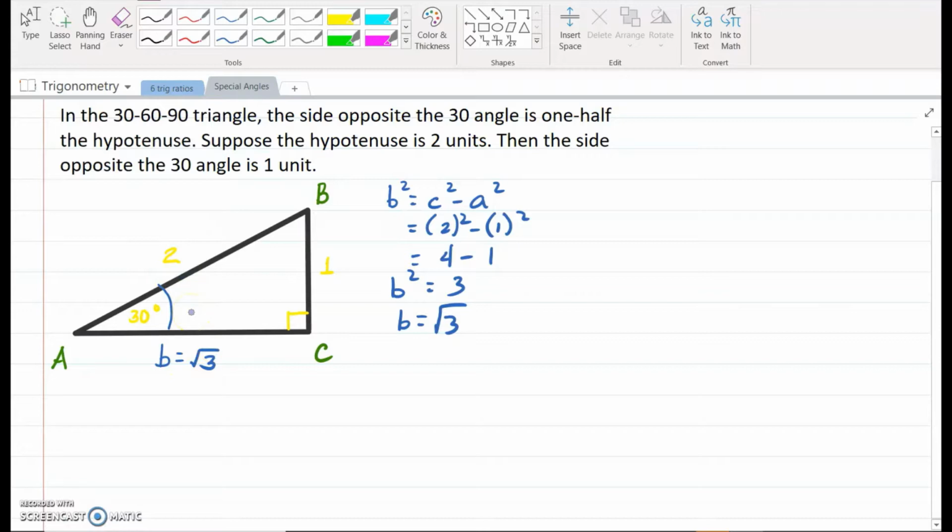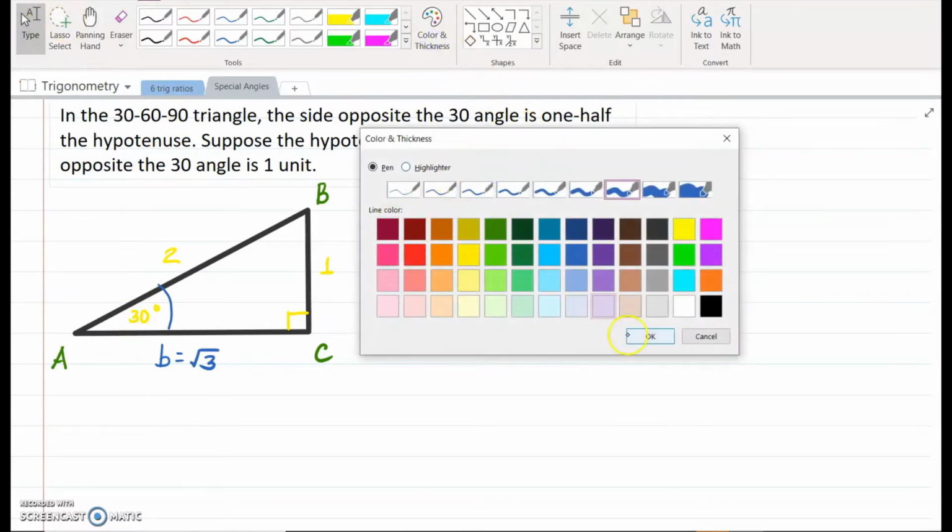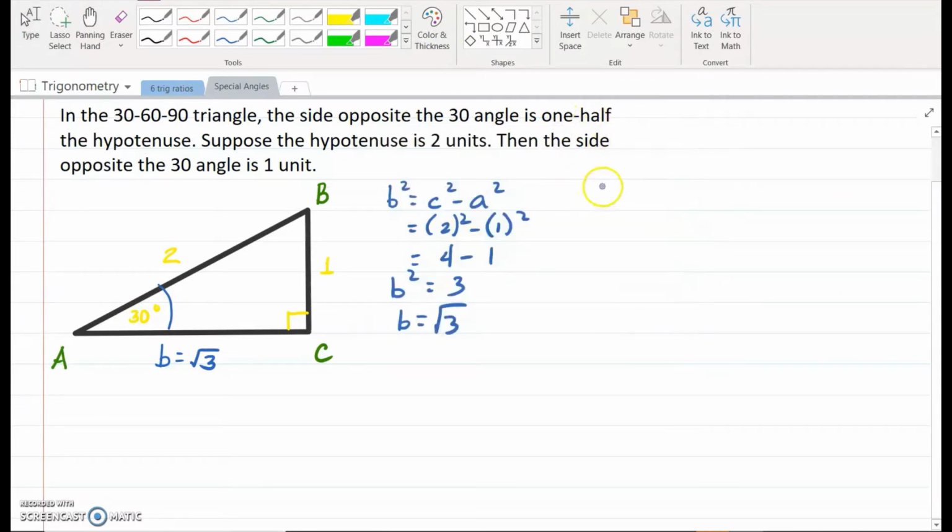Now let us write down the 6 trigonometric functions to get the ratios of 30-degree angle. So let's start with 30 degrees.